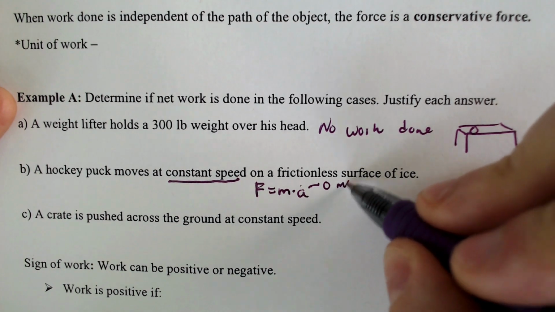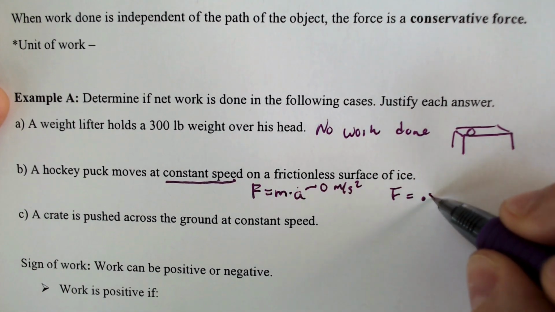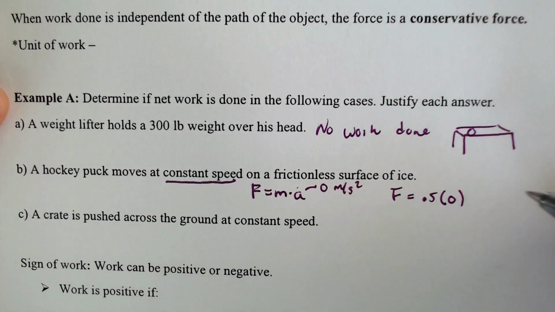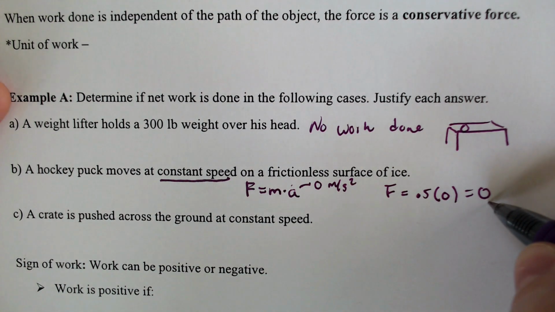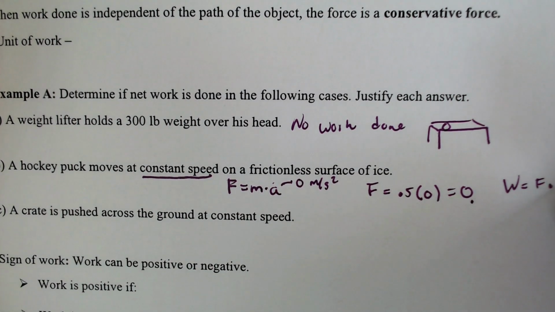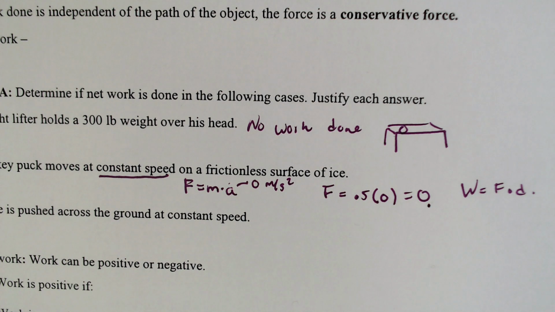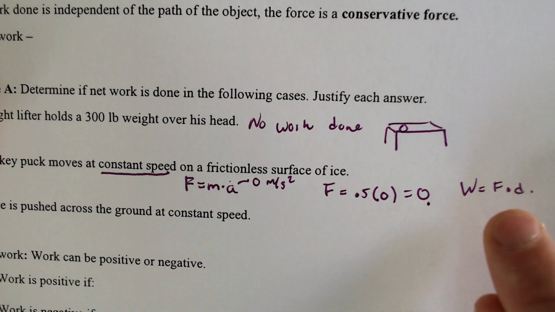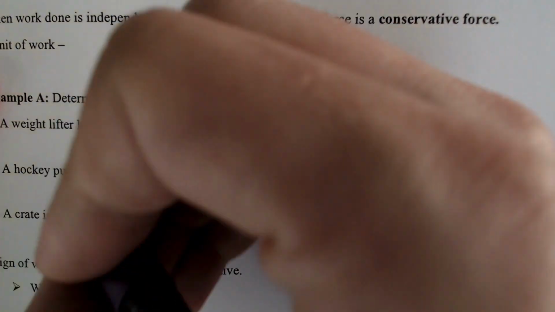That would be 0 meters per second squared, which means that even if it has a mass of like half a kilogram, times 0 means there is no force. If there is no force, there can be no work, because remember, work is equal to force times that displacement for x. So 0 for force would mean 0 for work, because 0 times any displacement would be 0. So also no work.